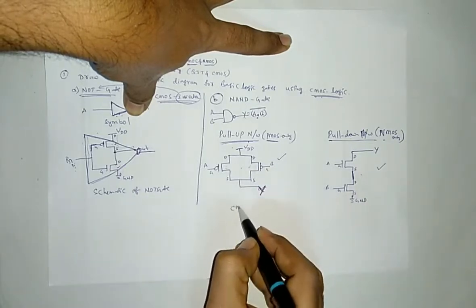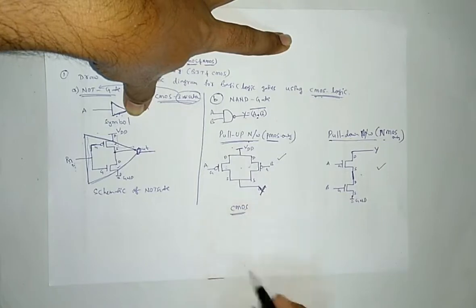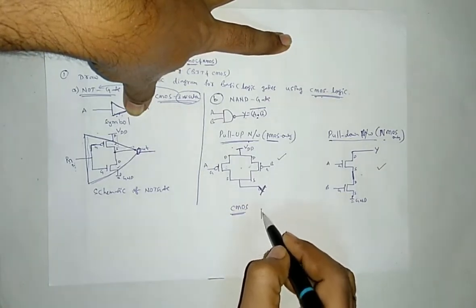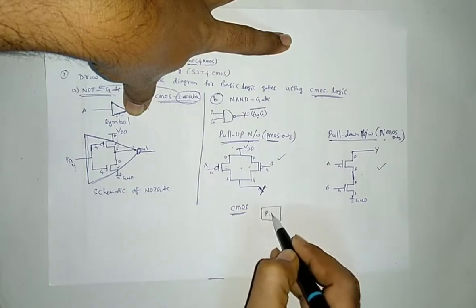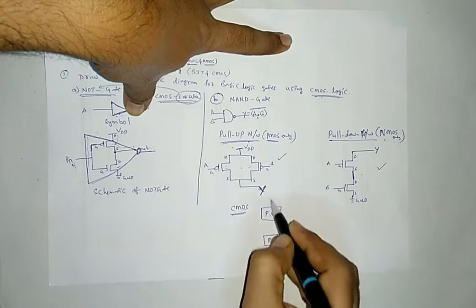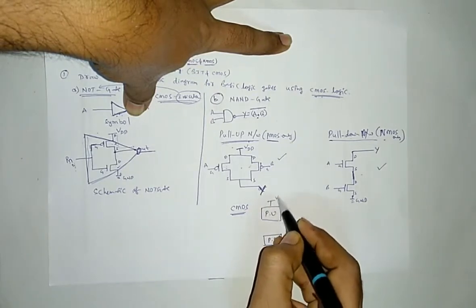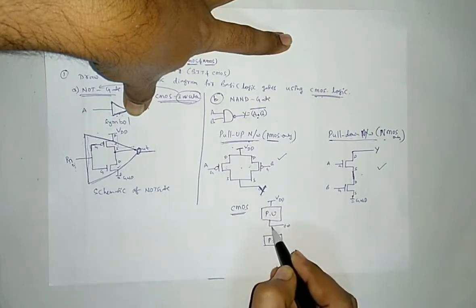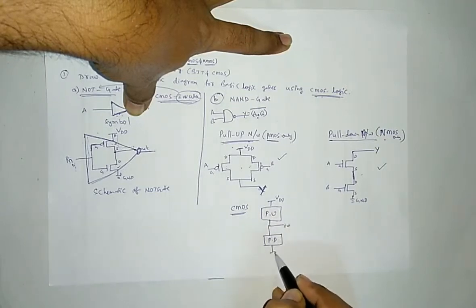What is CMOS? CMOS technology consists of a pull-up network and a pull-down network. The pull-up network is connected between VDD and out, and the pull-down network is connected between output to ground.